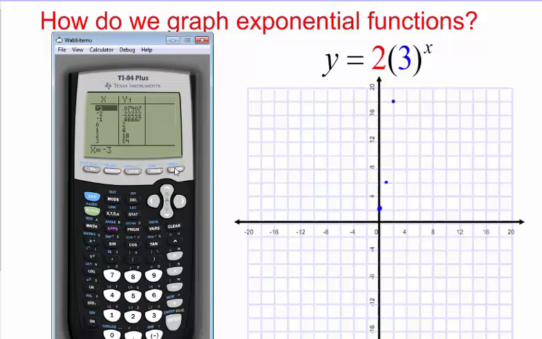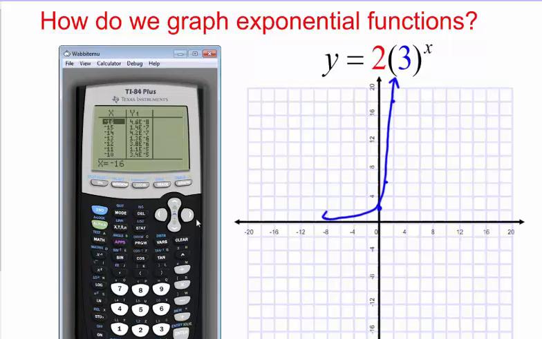So my graph is going to look something like this, and will continue forever in both directions. It's important to note that all my negative x values, if I were to keep scrolling up here, notice they keep getting smaller and smaller, but they'll never actually get to 0. So when you draw this graph, make sure that the tail end of it over here stays above the x-axis.